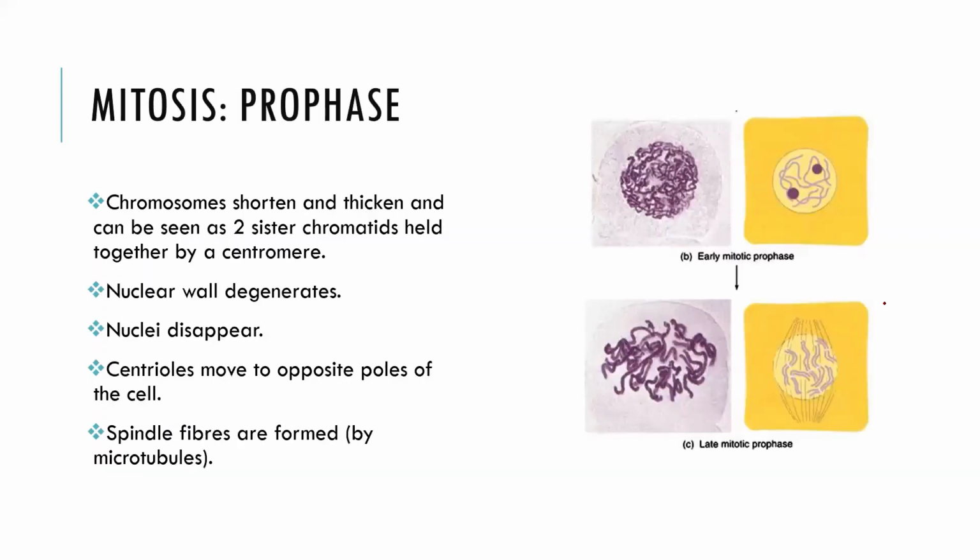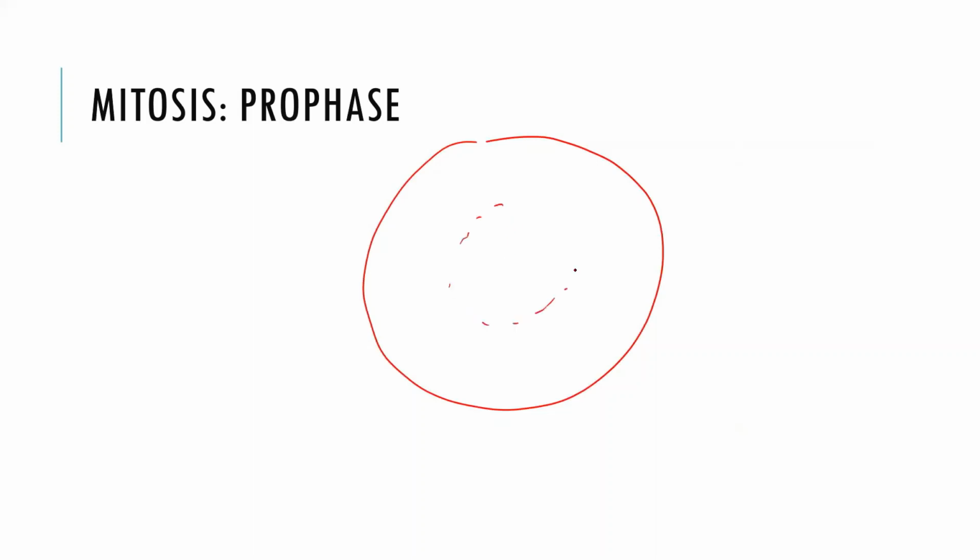So in prophase, you have the cell like this, and in this phase, you have the nucleus and the nuclear membrane. This nuclear membrane starts to degenerate, and within the nucleus, these chromosomes start to condense and appear properly as chromosomes.